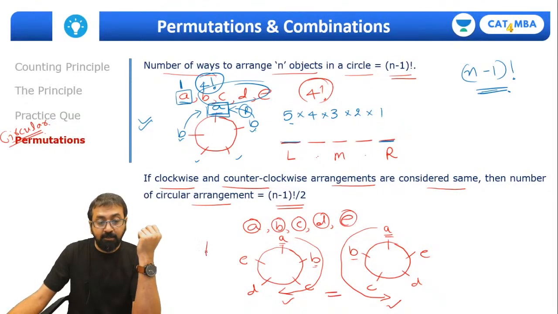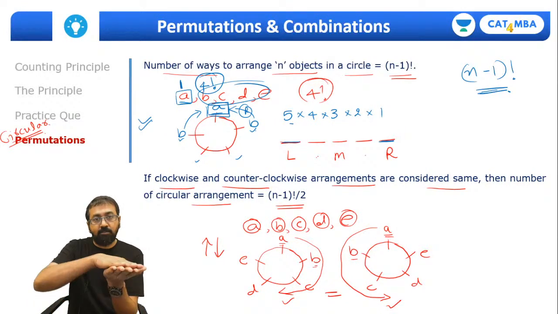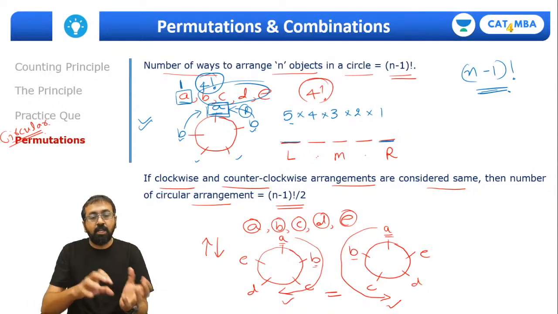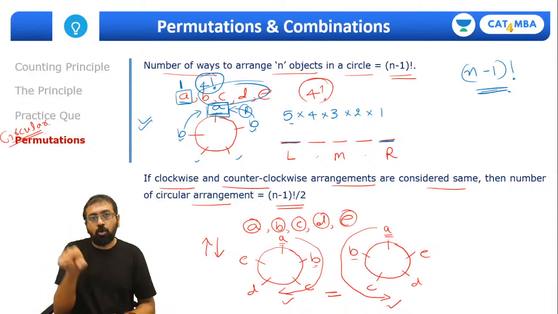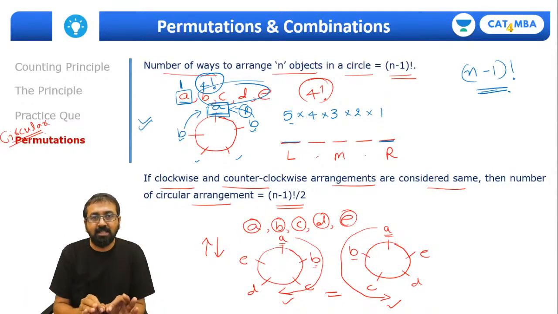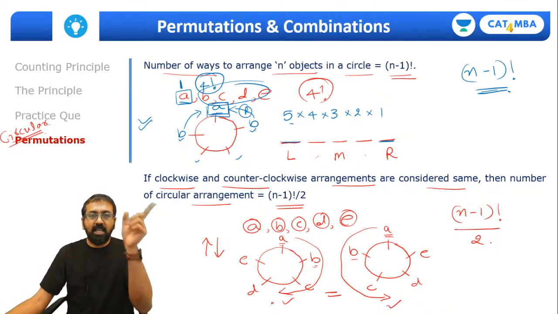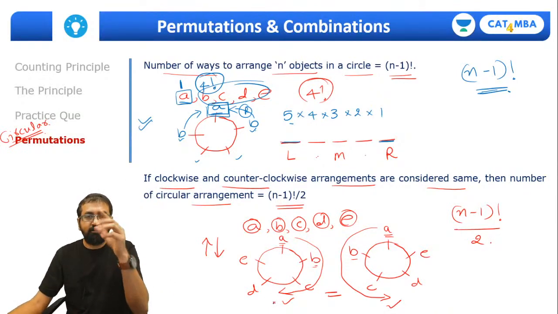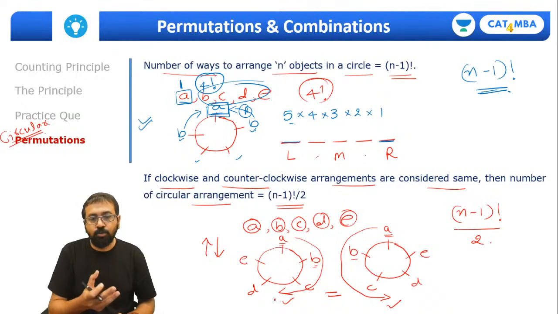Because if I flip the first pearl set upside down, it will result in the second pearl set that I've shown. So clockwise and counterclockwise arrangements are the same here, and that's why the total number of circular permutations will become half, because these two arrangements are one and the same. And that's how you get this formula n minus 1 factorial by 2.